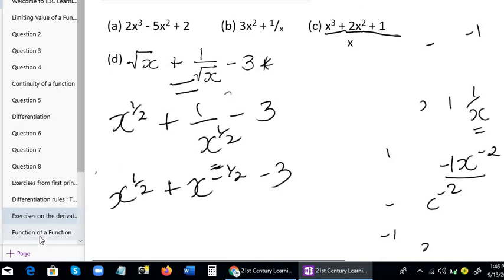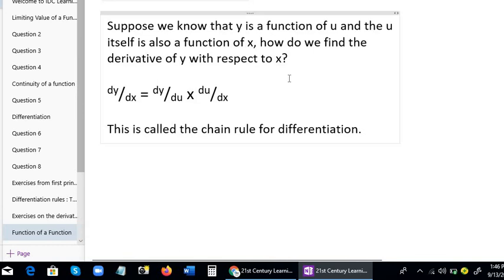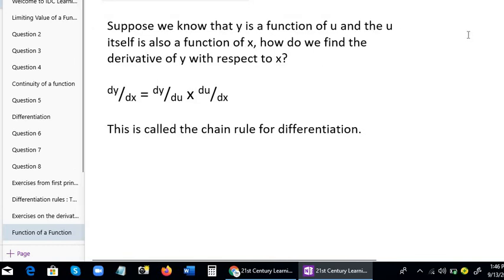Okay, let's look at other rules of differentiation. Let's look at function of a function. These rules are very, very important so that we can crack complex differentiation problems. Suppose we know that y is a function of u, and u itself is also a function of x. How do we find the derivative of y with respect to x?